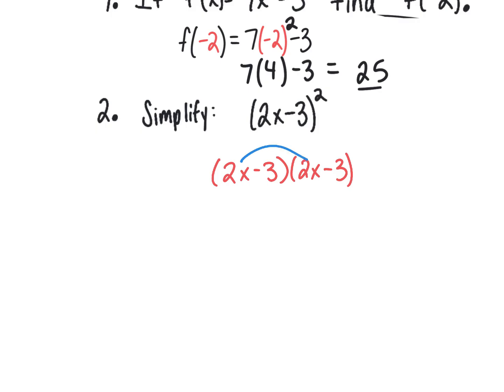First times first. 4x squared, yay, okay. Okay, another thing from Algebra 1. When we multiply the coefficients, right? So 2 times 2 gives me 4. We are also multiplying the variables.